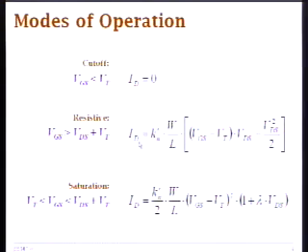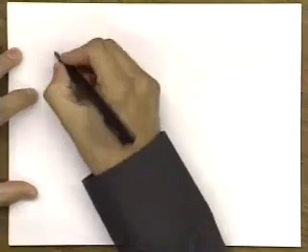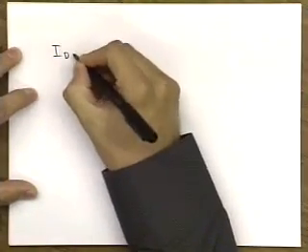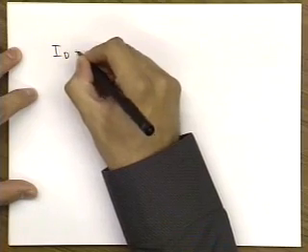So for the resistive mode, we have the transistor current that is given with this formula, and we derived that formula using the charge equation that we have.